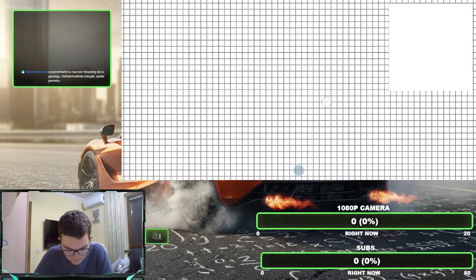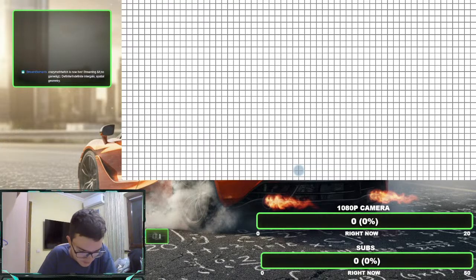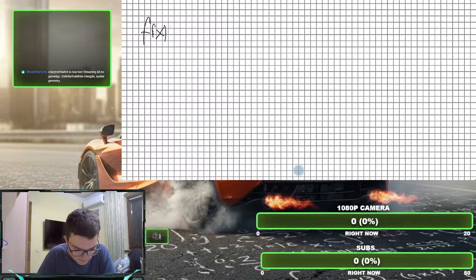Now, moving on to the next exercise, there is a function f of x. I'm gonna write it down. F of x is equal to x to the second power minus 4x plus 1.